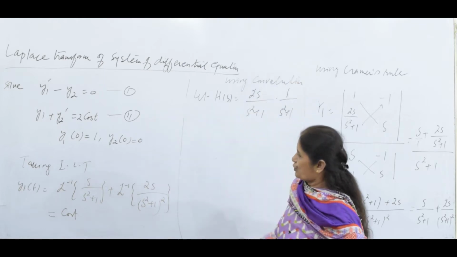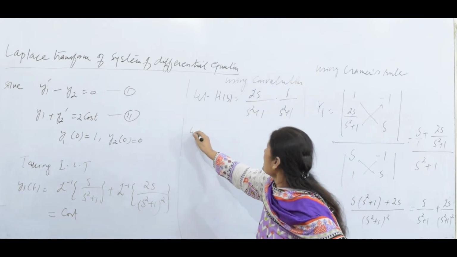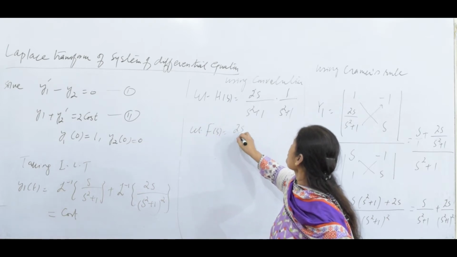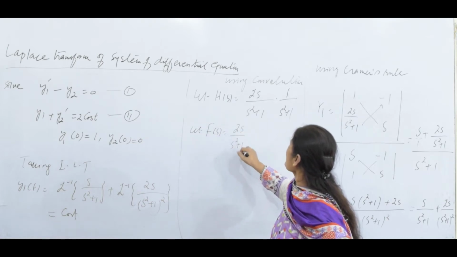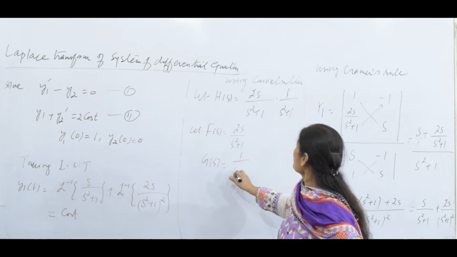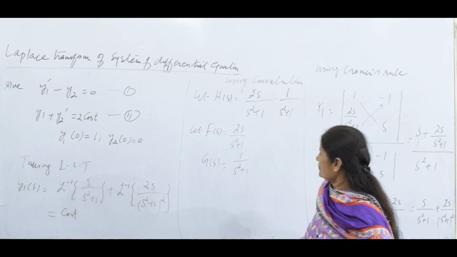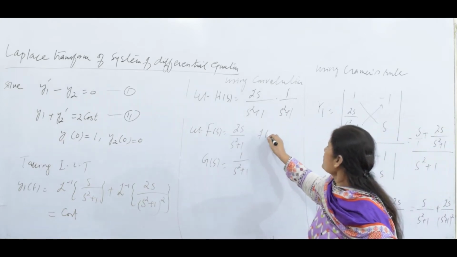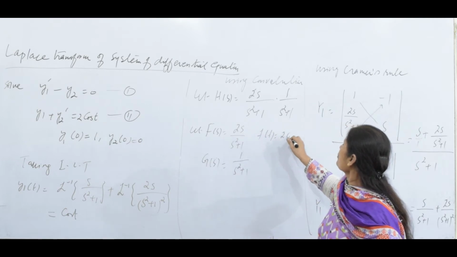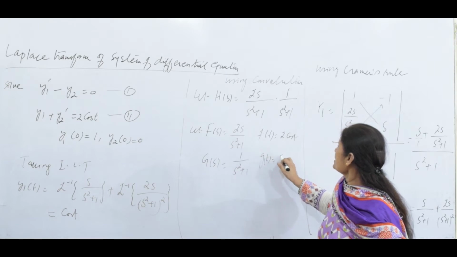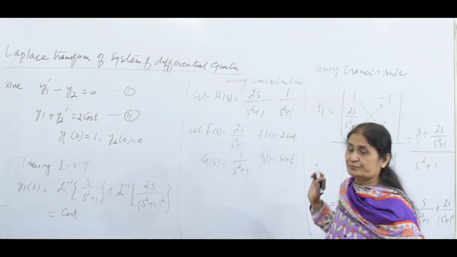So let F(s) be 2s over s square plus 1, and G(s) equal to 1 over s square plus 1. It means f(t) is equal to 2 cos t, and g(t) is sin t.